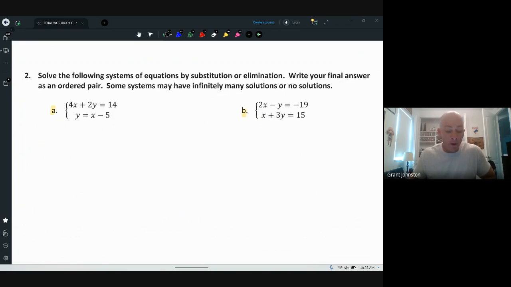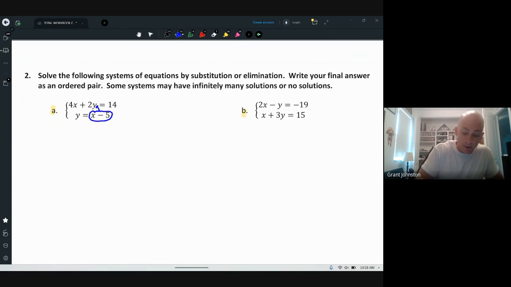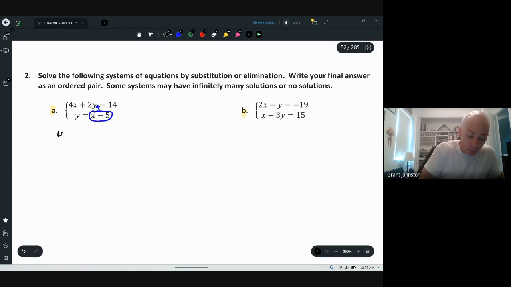So here we go. The first one, I look at this system. It looks like it's best set up for substitution because the second equation is in y equals form. It says y equals x minus 5. So if y equals x minus 5, I can substitute x minus 5 in for y. So I'm going to have 4x plus 2 times x minus 5 equals 14.